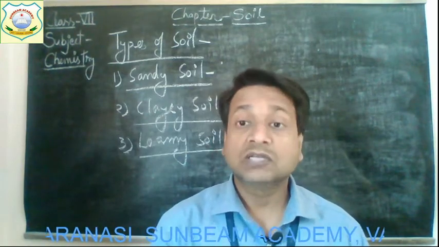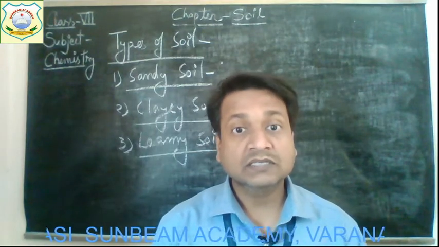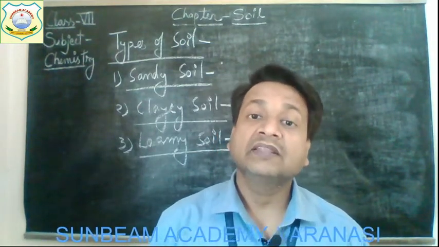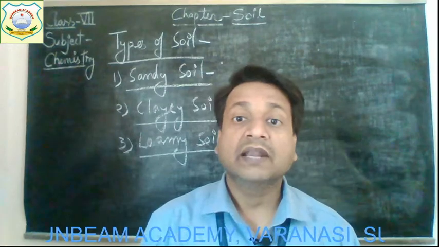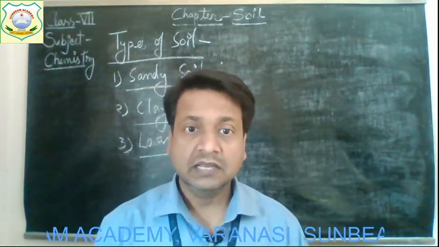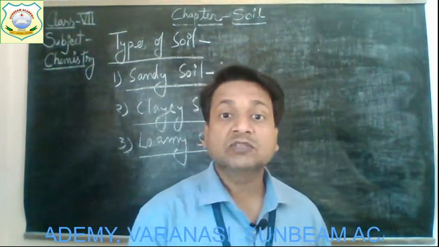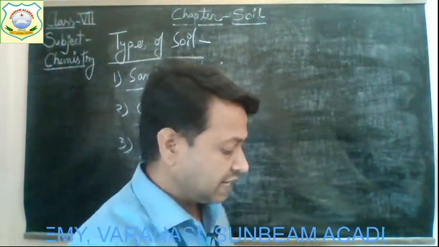Got it? So the top layer consists of clay, the humus being lighter, and then water, and it floats on the water. Get it? So you can understand about the different texture of the soil with the help of this diagram.